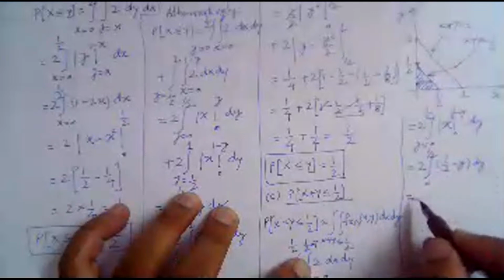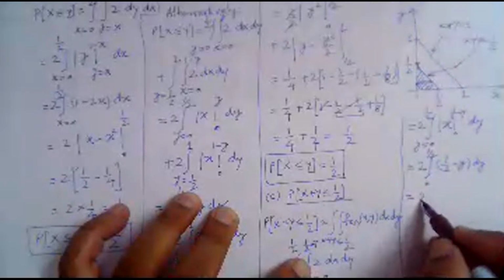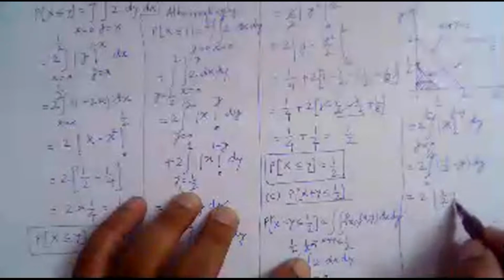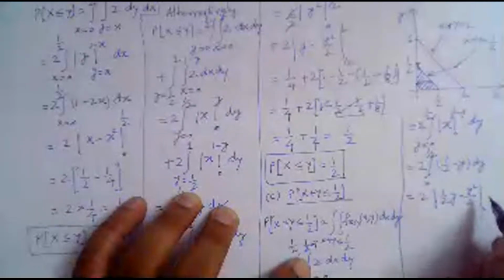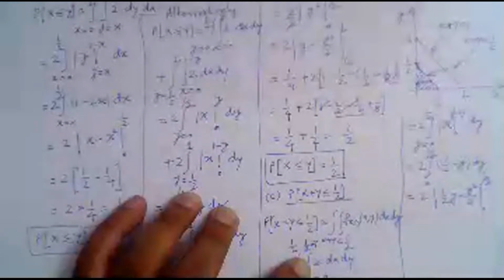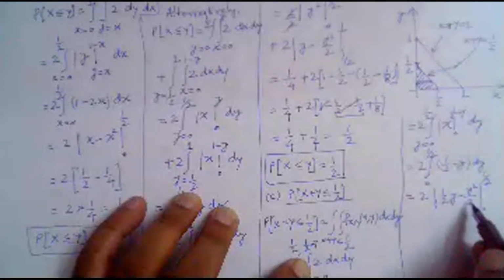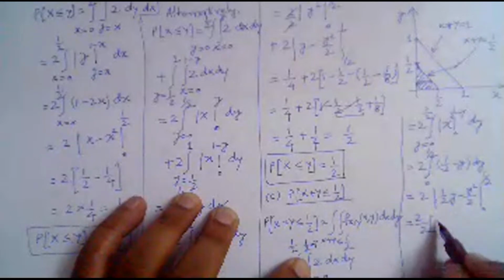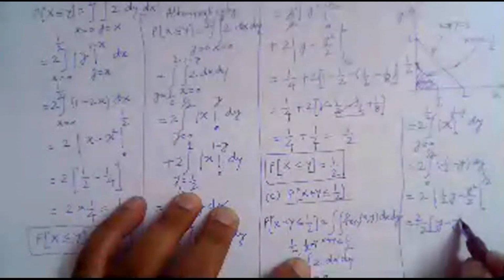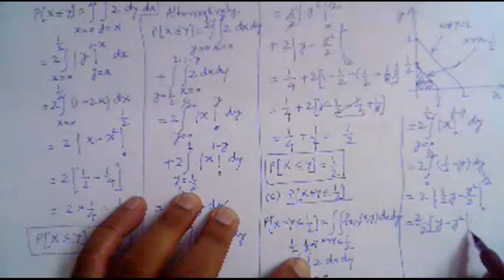So this will be 2, right? And this will be 1 over 2 y minus y square over 2, 0 to 1 over 2. So this 1 over 2 can be taken out. So this will be 2 over 2, y minus y square with limits 0 to 1 over 2.